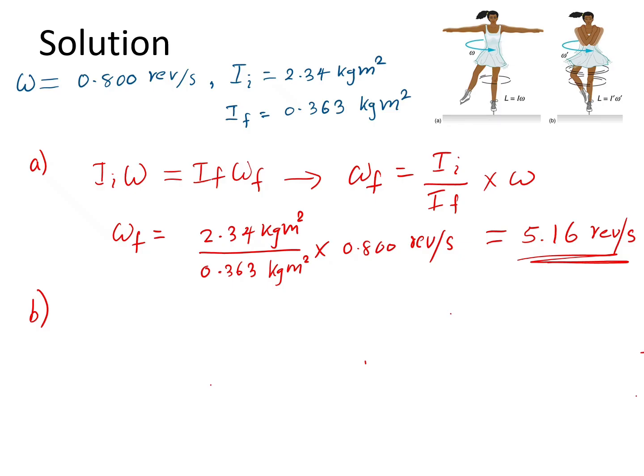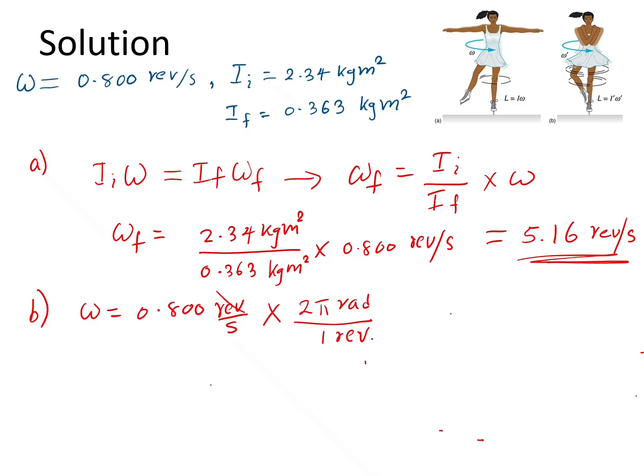For part B, we calculate rotational kinetic energy before and after. For rotational kinetic energy, we need angular speed in radians per second. So the initial angular speed, omega, is 0.8 revolutions per second. To convert to radians per second, we can multiply this by a conversion factor. 2 pi radians is 1 revolution.